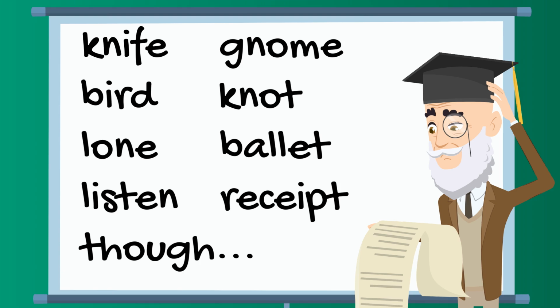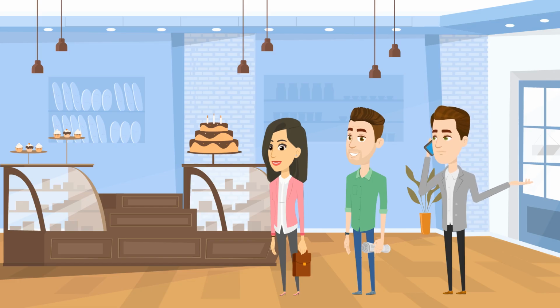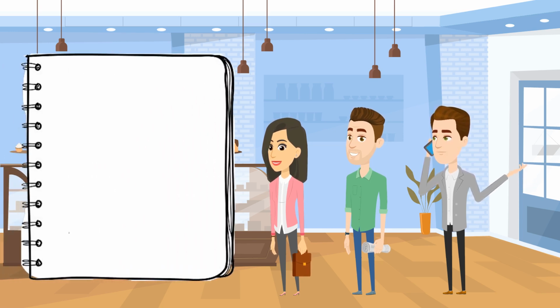There are loads and loads of words in the English language that are not spelled the way that they sound. Take a word like queue. I had to queue in line at the shop. Now you would think that the word queue would be spelled something like this. Or maybe like this.